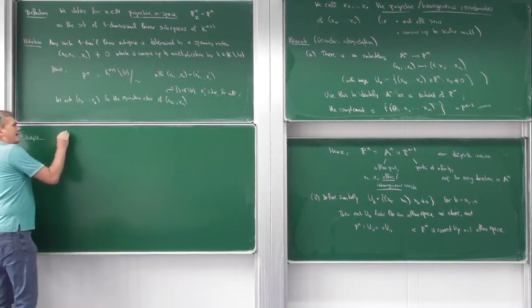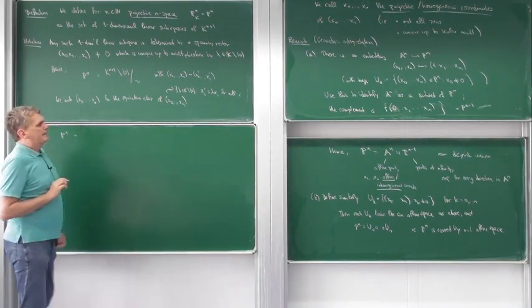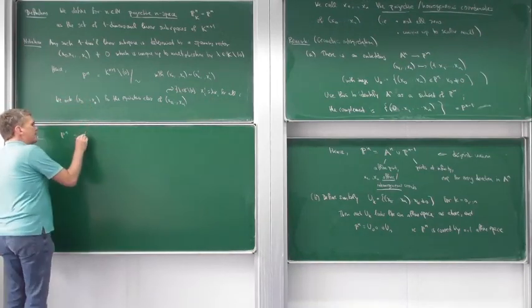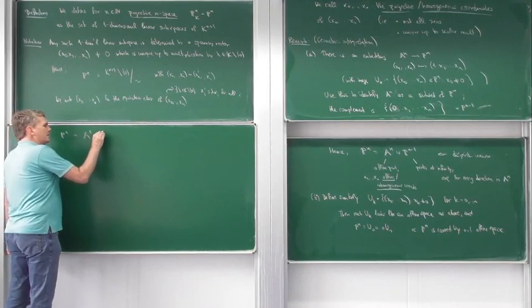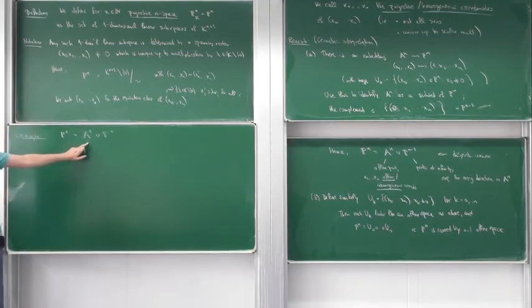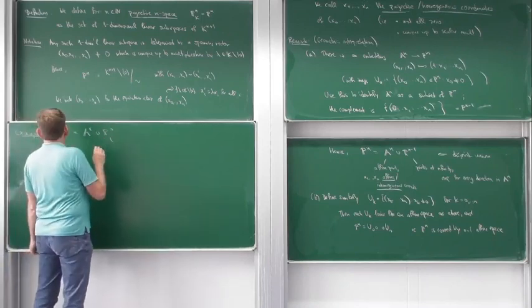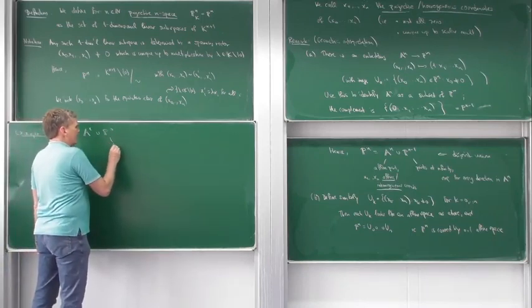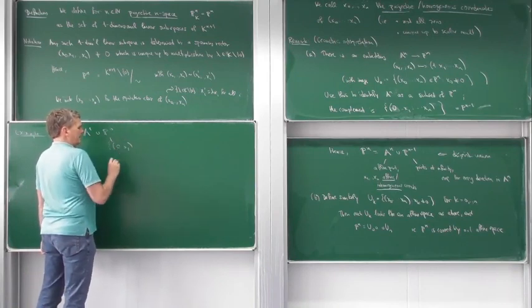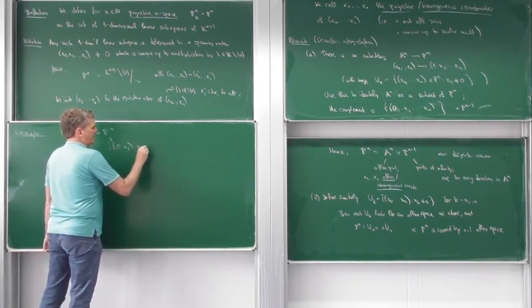So P1, let's take the first geometric interpretation: you would write it as A1 union P0. That's just an affine line, and P0 in P1 would be the point of the form (0, x1), where x1 has to be non-zero.